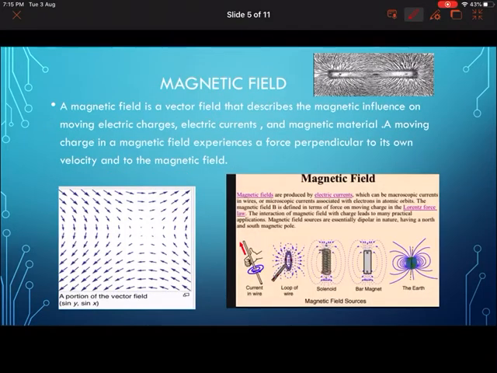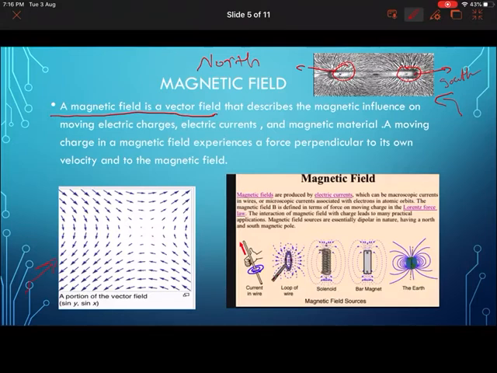We spoke also about the magnetic field. In a magnetic field, we have poles, north and south. When I talk about a magnetic field, the vector comes to my mind. So a magnetic field is a vector field like this one.